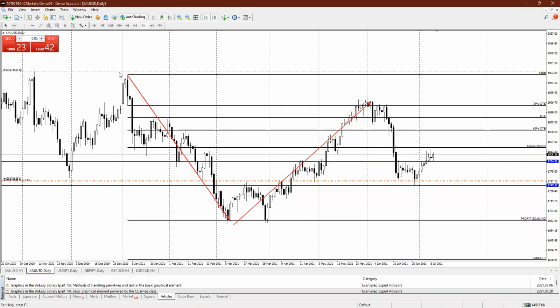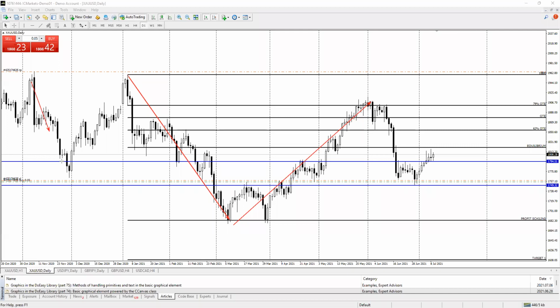Price has taken out what lows? Swing low. Sorry, swing high, not swing low. Price came here. Price came to what? The 79% OTE.